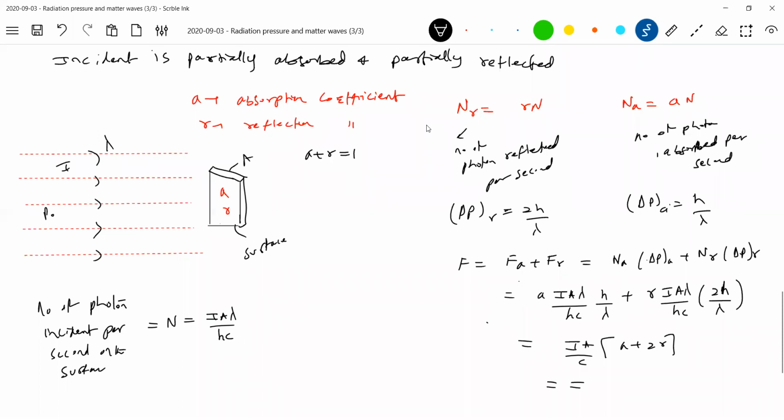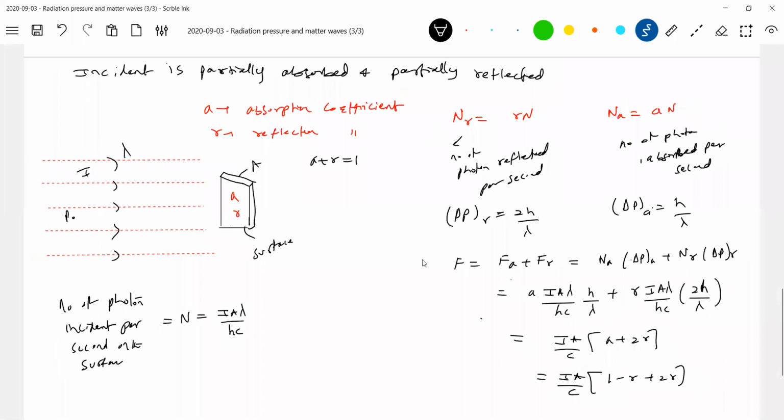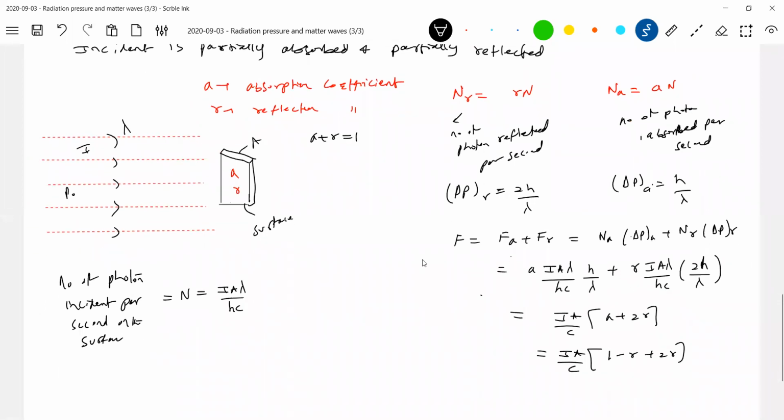So A is 1 minus R. The final formula is that the net force exerted by the incident beam is I A by C times (1 plus R). So what is the radiation pressure? I'll write down the LHS here.